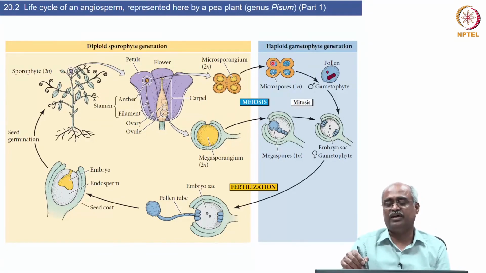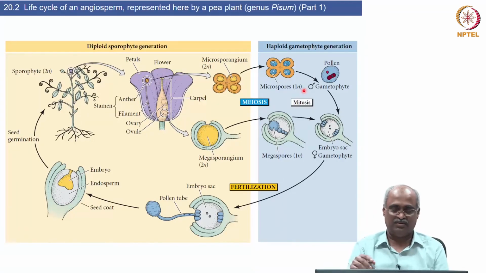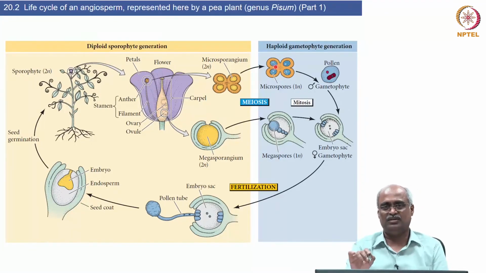We are going to ignore the other surrounding structures, because the class is not focused on plant anatomy. Our goal is to understand what gives rise to gametes, so we are only going to focus on the cells that we would normally call germ cells.